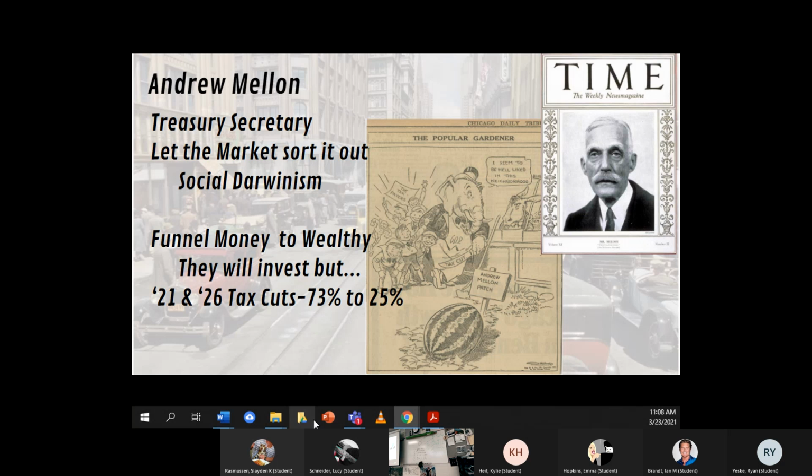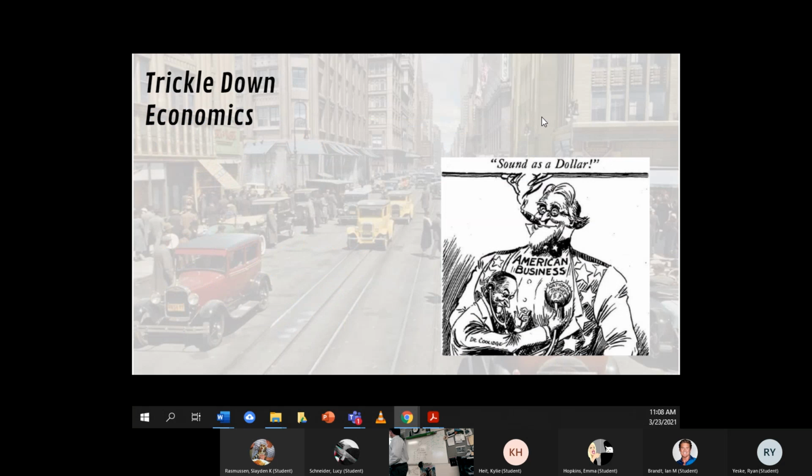By the way, if he had an $800,000 tax cut, how much stock could he buy using margin rules? Yeah, $8 million. And when the stock market's going up like it was, a lot of people did that. So with that, we're jumping right to the engine of trickle-down economics.